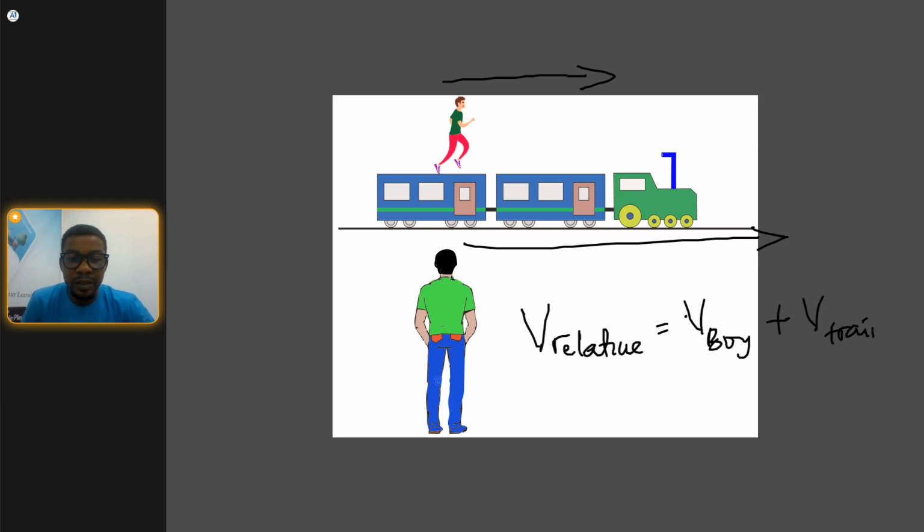So assuming that the velocity of the boy is 4 kilometers per hour, an assumption, and that of the train is probably 10 kilometers per hour, the relative velocity will be the addition of the velocity of the boy and that of the train.